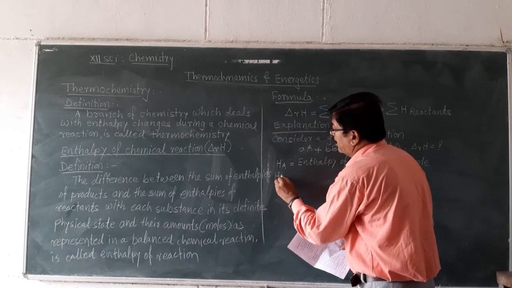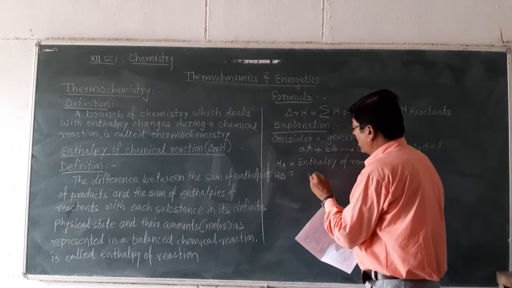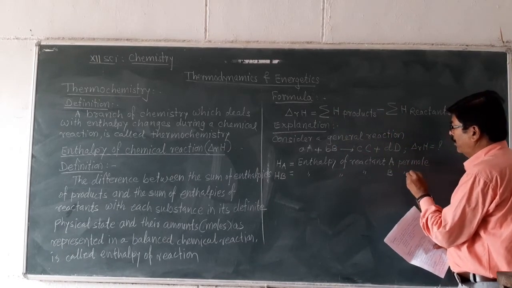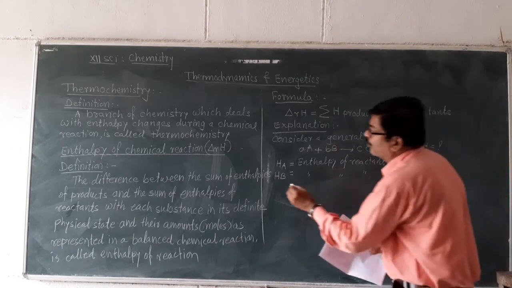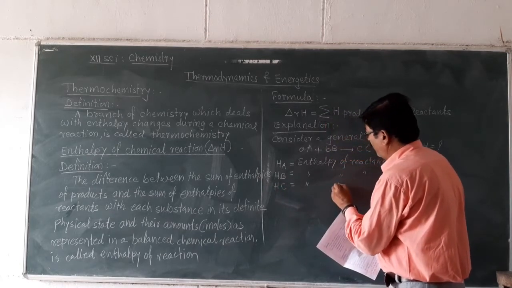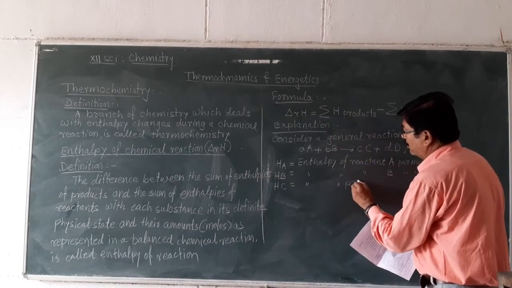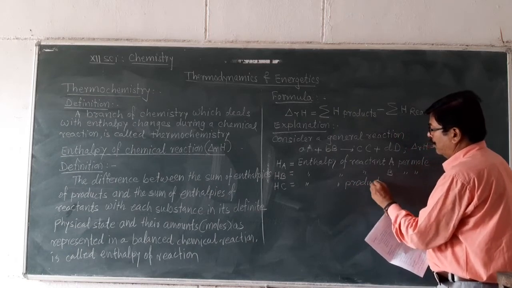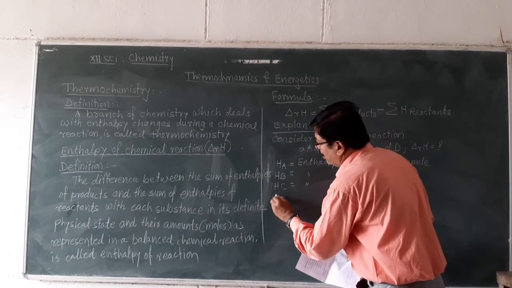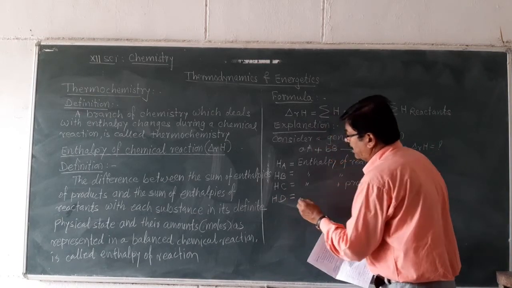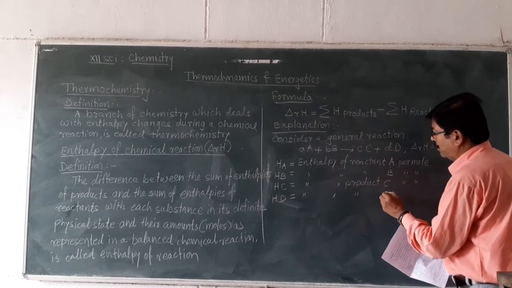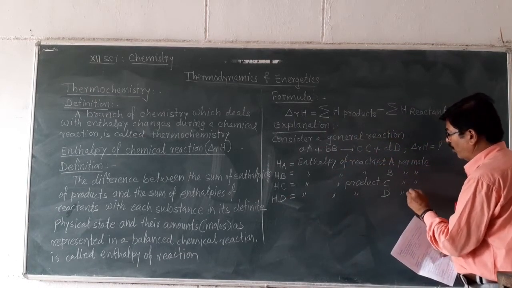Hb is the enthalpy of reactant B per mole. Hc is the enthalpy of product C per mole. And Hd is the enthalpy of product D per mole.